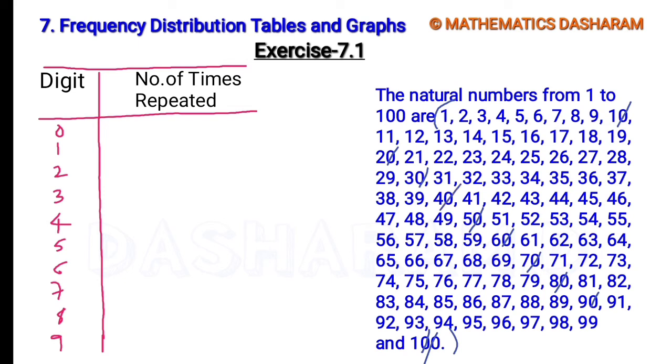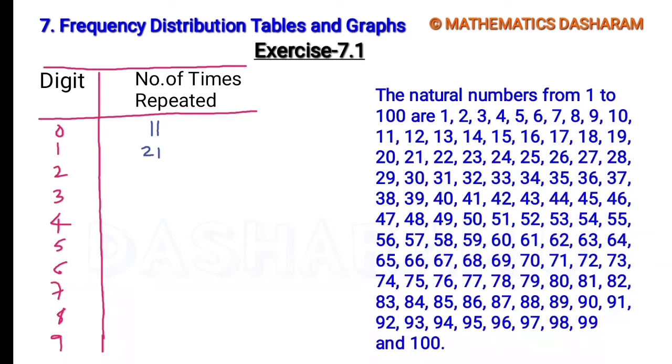So total 11 times 0 repeated. Next 1. So here 1, here 2, 3, 4, 5, 6, 7, 8, 9, 10, 11, 12. Next here 13, 14, 15, 16, 17, 18, 19, 20, and here 21.